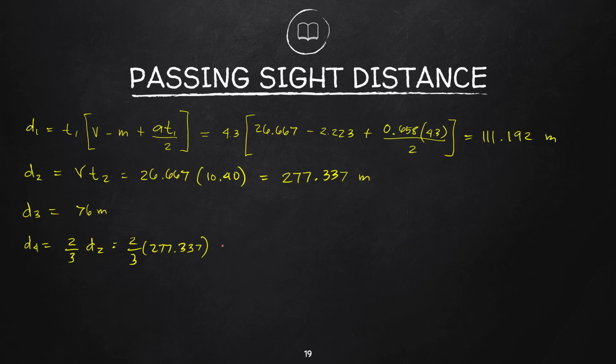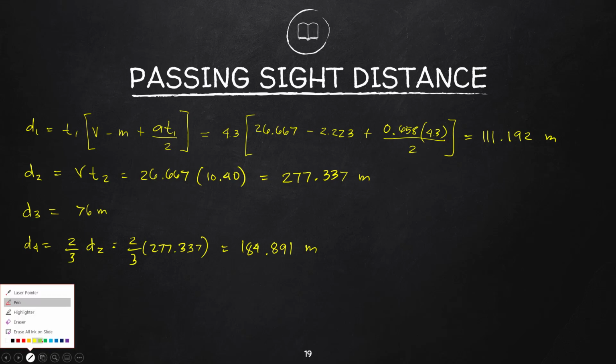This is equal to 184.89 meters. So PSD, the passing sight distance, let me use another color for this one so it can be easily seen. Let's use blue.